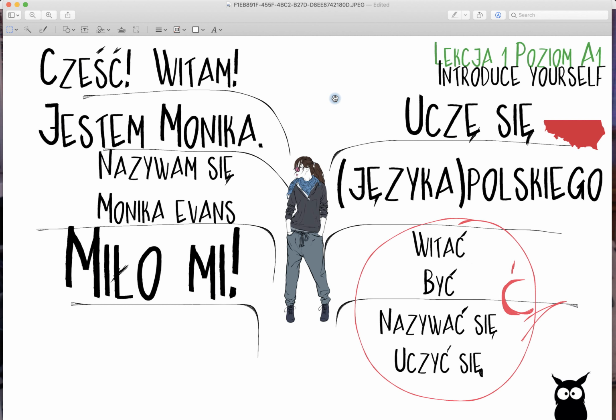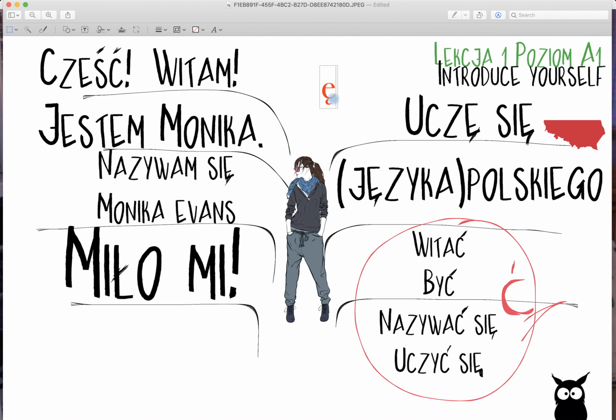So now, what's this letter here? This is the letter e together with a little tail. We call it ogonek, little tail in Polish. That's e, so the vowel without the little tail is e.